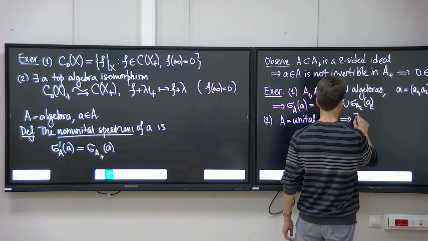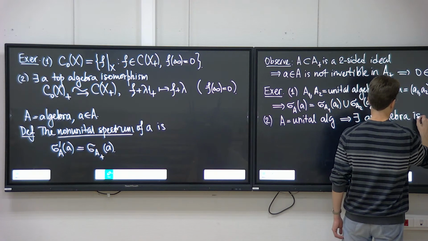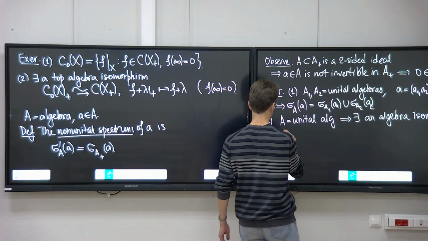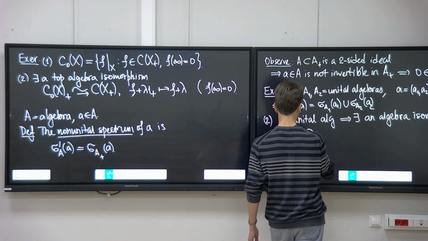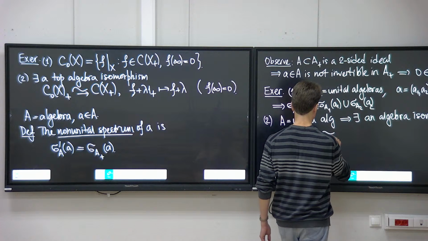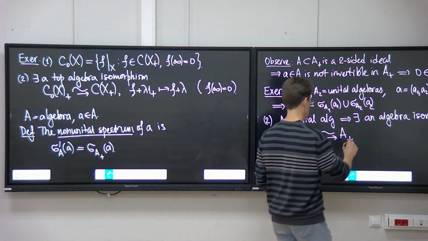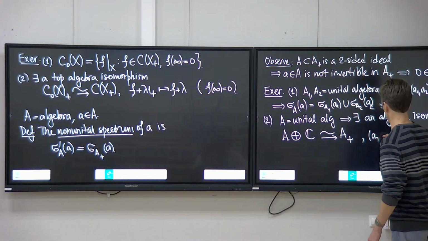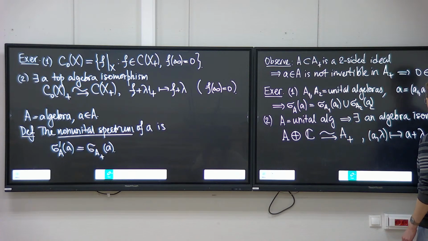I claim that there is an algebra isomorphism between the unitization of A and the direct sum of A and the complex numbers, which takes every pair a and lambda to a plus lambda 1. Does it look reasonable? It looks reasonable, but this is not correct.